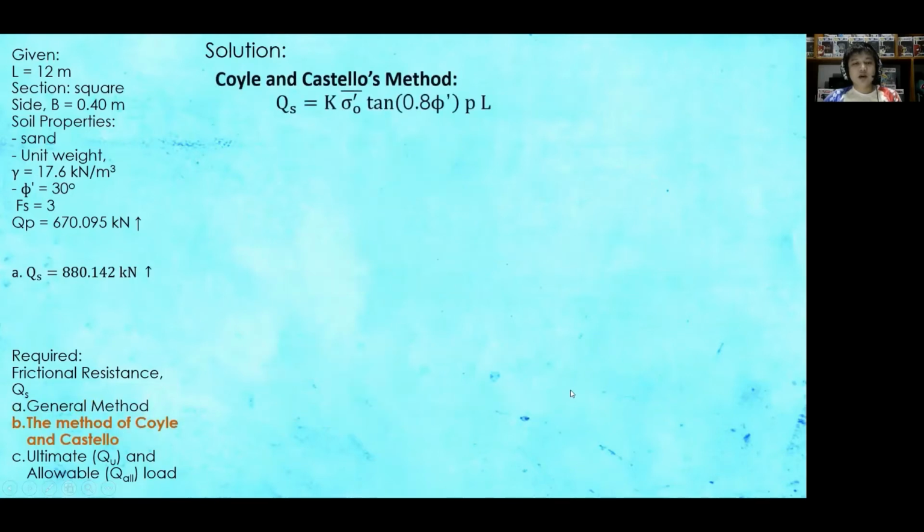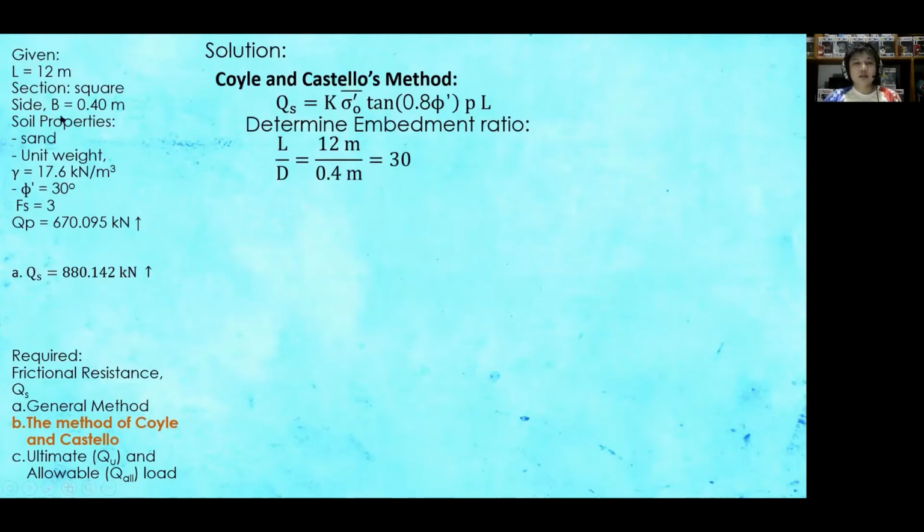So for Coyle and Castello's method, QS is equal to K times sigma O prime bar times the tangent of delta prime, which is 0.8 times phi prime, then multiply it to P times L. So determine the embedment ratio, that is L over D. So for our L, that is 12 meters, divided by D, our side B if that is square.